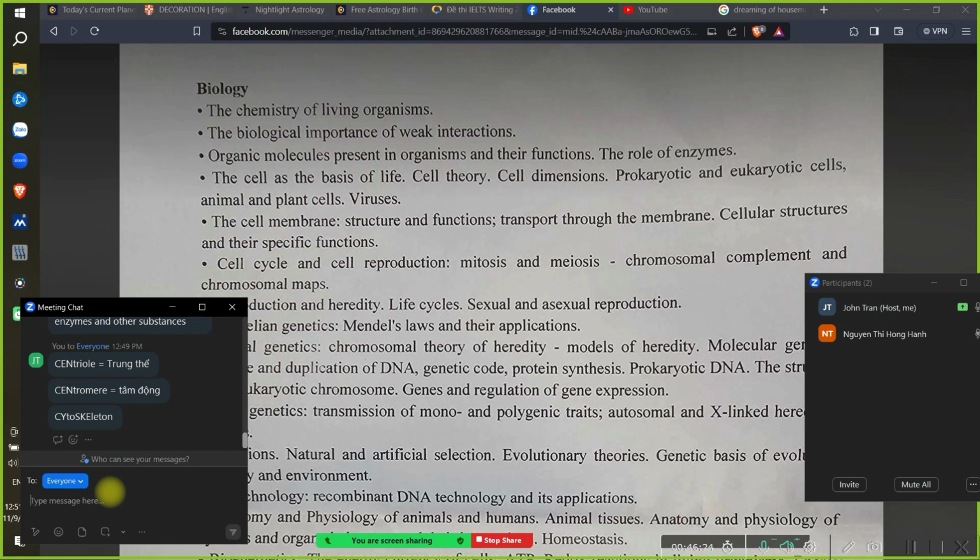There are 3 different types. Yeah, I already talked about that. Its function is to maintain the shape of the cell, and it consists of a network of 3 fibers.